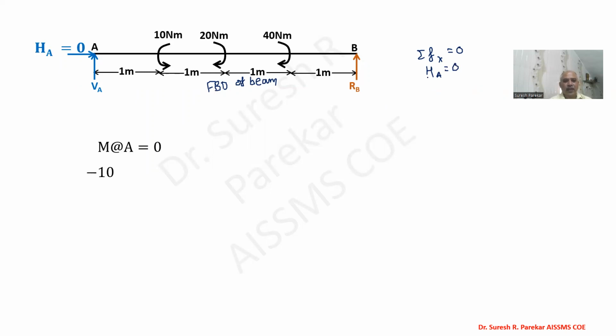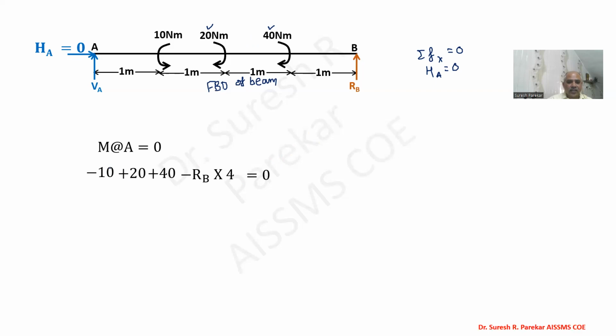Next, moment about A equal to 0. First we have this moment which is anti-clockwise, so minus 10. Then this moment is plus 20, clockwise. Then plus 40, again clockwise. And due to RB, again an anti-clockwise moment, so minus RB into 4, equal to 0.